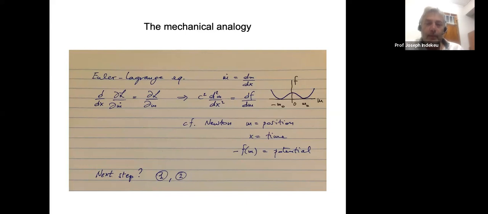Okay, and the correspondence is that m, the order parameter for the fluid, or for the Ising model, if you like, corresponds to the position of the particle. x, the coordinate in space perpendicular to the interface, corresponds to time in the mechanical analogy, and minus f is the mechanical potential energy as a function of position.